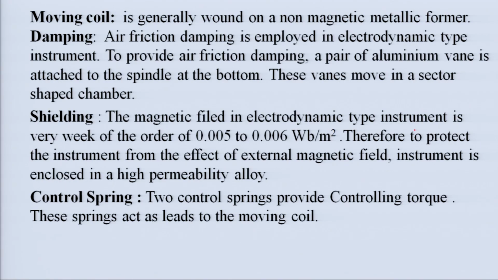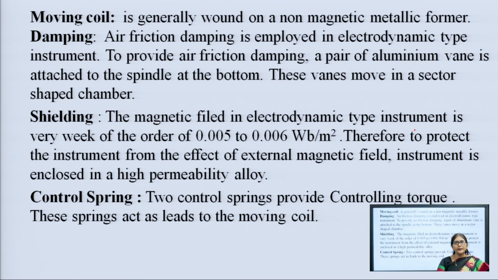Now, the moving coil is generally wound on a non-magnetic metallic frame. Then damping. When the needle is moving due to the deflection torque, then to stabilize the needle position, because it vibrates before it stops, we need a damping technique to stop the vibration of the needle.